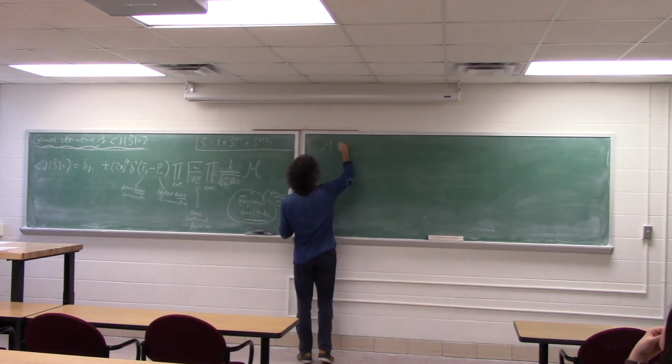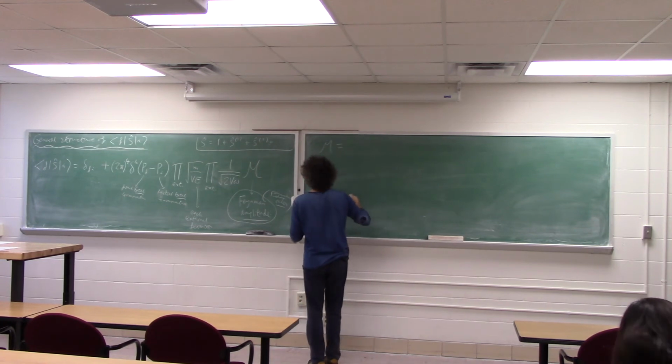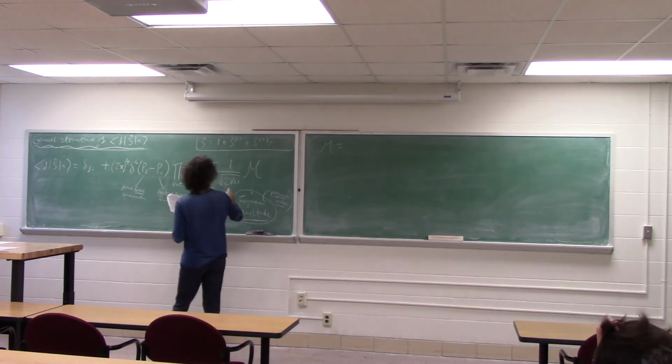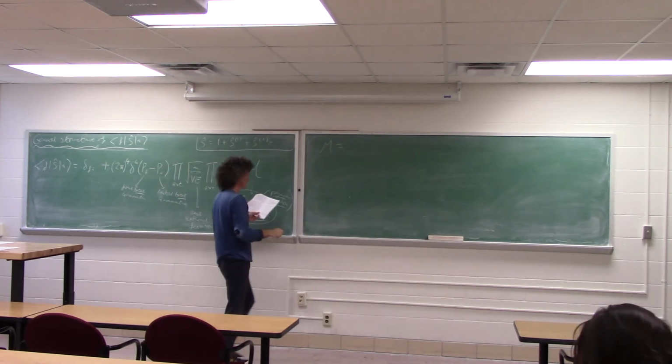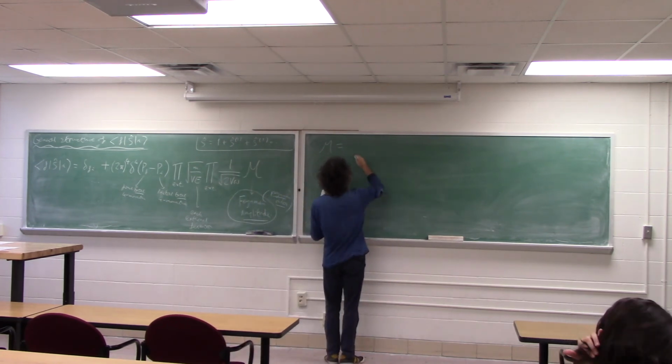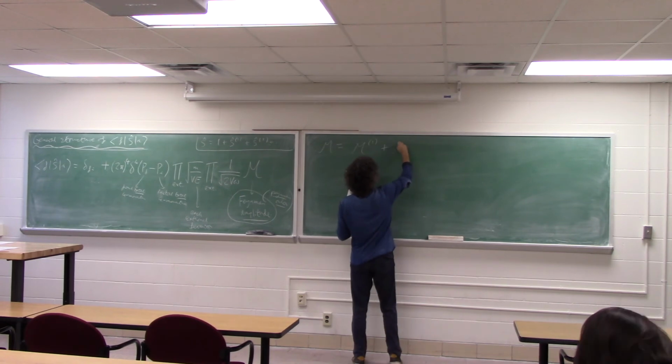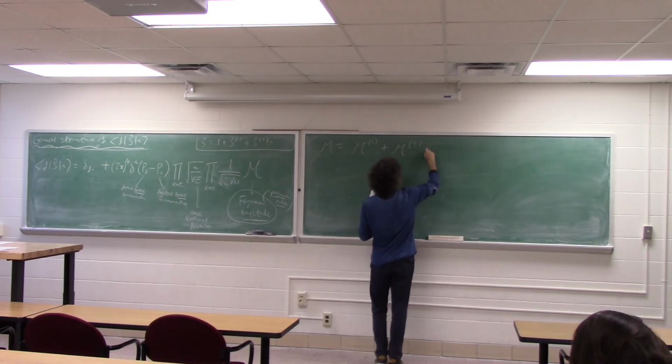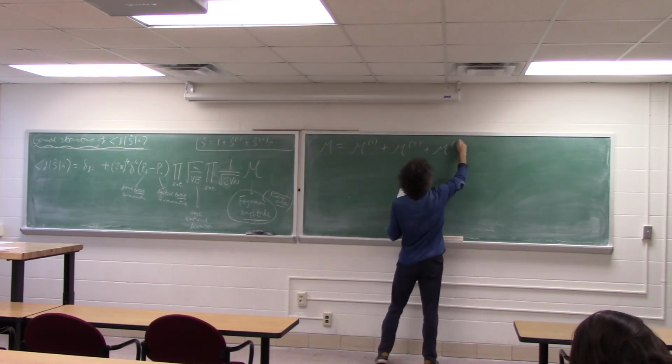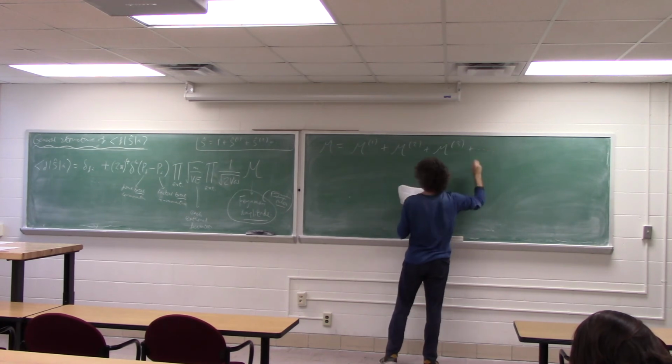The Feynman amplitude: there's no zeroth order term, so you can write it as the first order term plus the second order term plus the third order term.